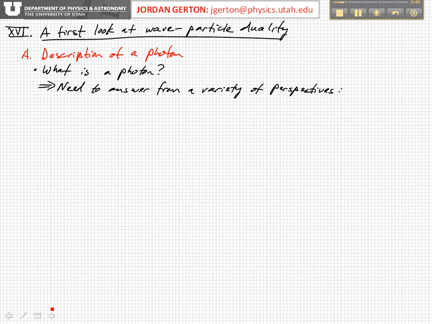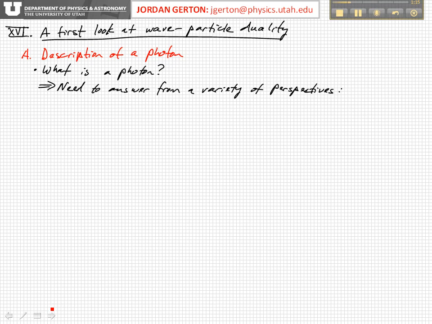We've discussed Compton scattering, the photoelectric effect and Planck's law, but we also know that we think about light as a wave as well. So this lecture is going to be exploring these two faces of quantum particles.